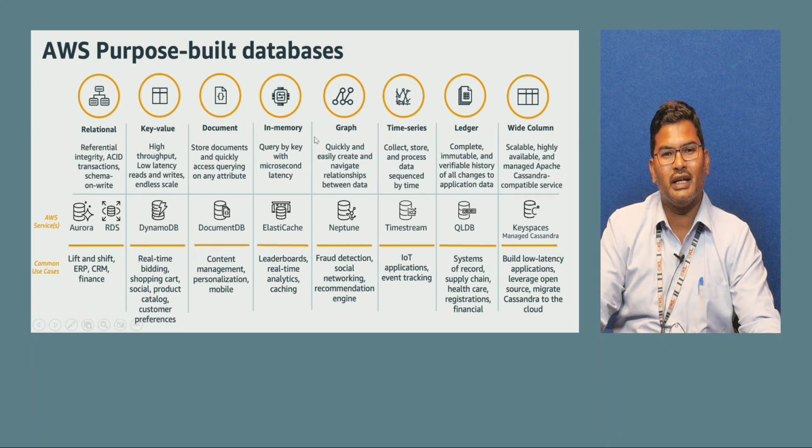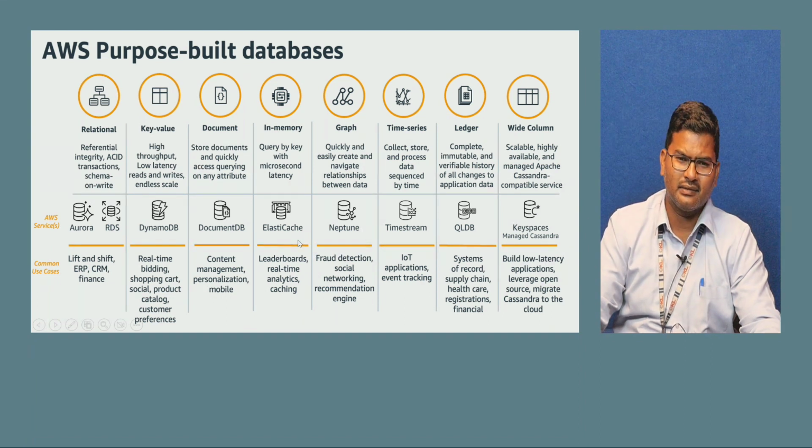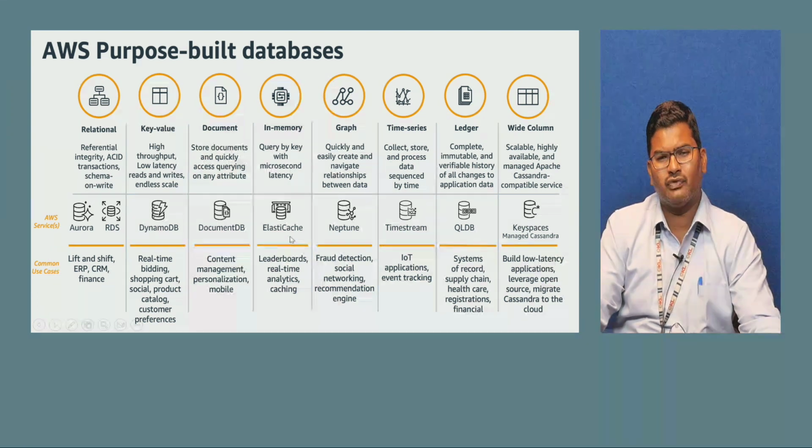Coming to in memory, we have a very user-friendly service offered by Amazon Web Services, that is ElastiCache, where ElastiCache works for both Memcached as well as Redis. So these two things can be covered by ElastiCache.